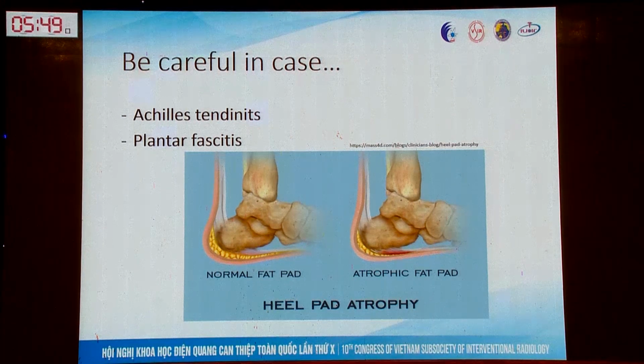So if you want to remove fat from your belly or thigh, you can use corticosteroid to remove it. But in this case, if you inject corticosteroid into the Achilles tendon or plantar fascia, it can affect the normal fat pad in the heel, and atrophy of the heel fat pad itself can cause heel pain. So we have to be careful in cases of Achilles tendinitis or plantar fasciitis.